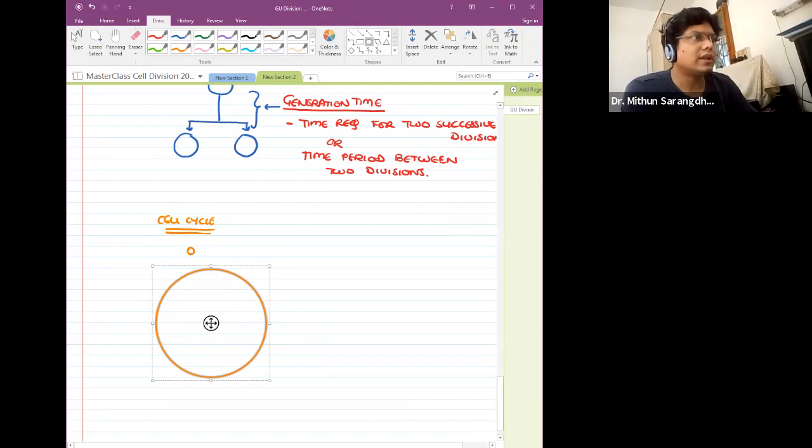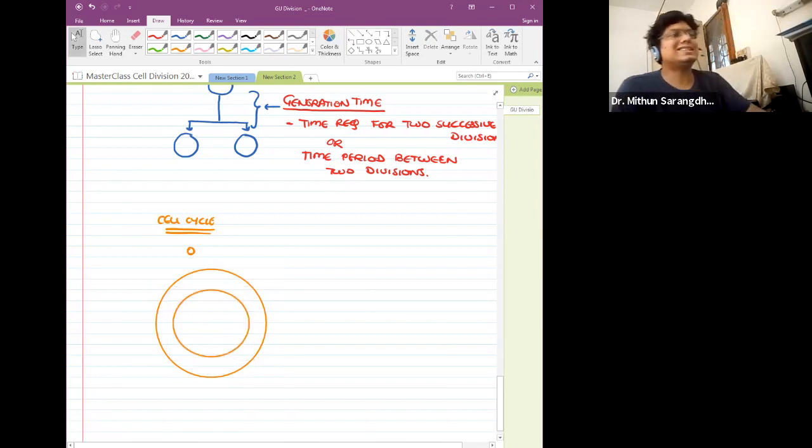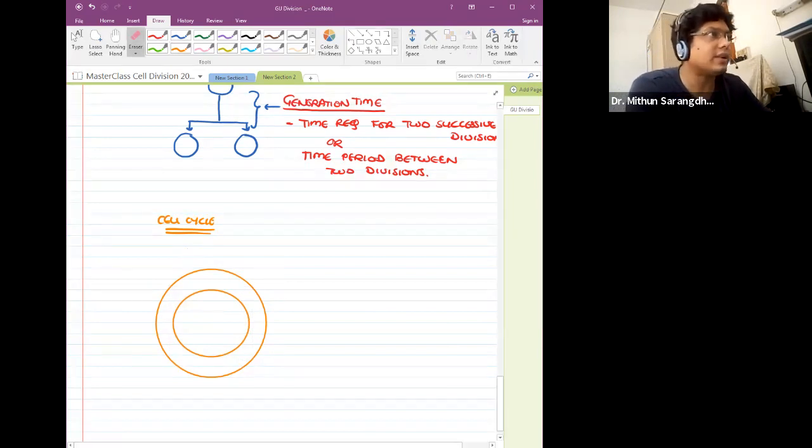Now let's see what really happens. Let's imagine this is our entire cell cycle. Please pay attention here. Let's imagine this is the place from where the cell starts its life, so let me draw one cell like this.